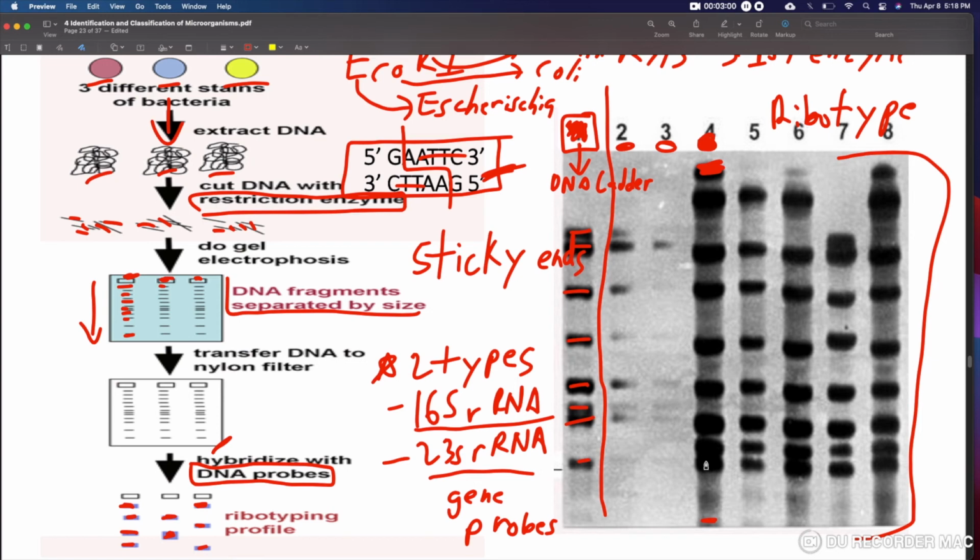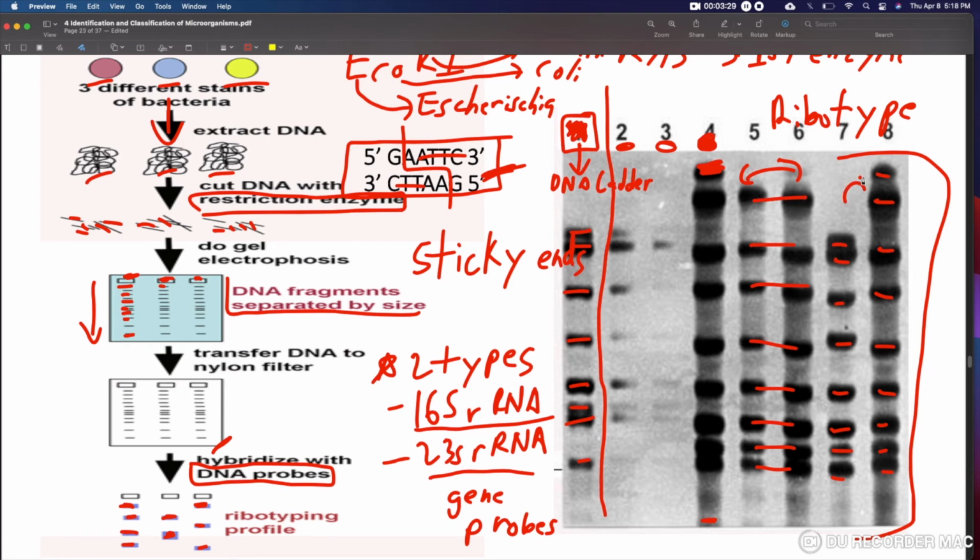Now, what we're going to look at in your ribotype is the difference in banding patterns across your organisms. So, how do we conclude the degree of similarity among organisms? We can say that these two, for example, are the same species if they have the same banding pattern.